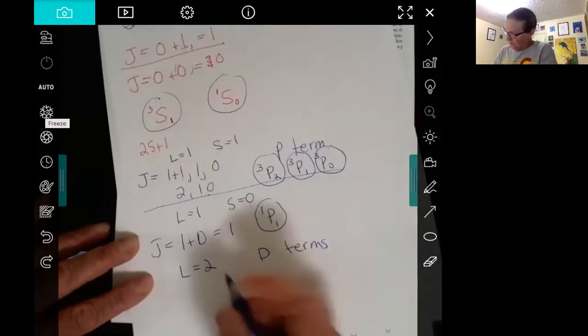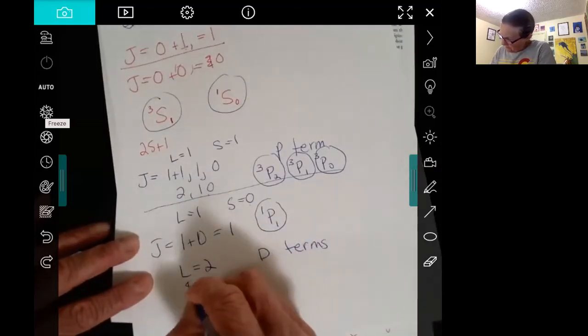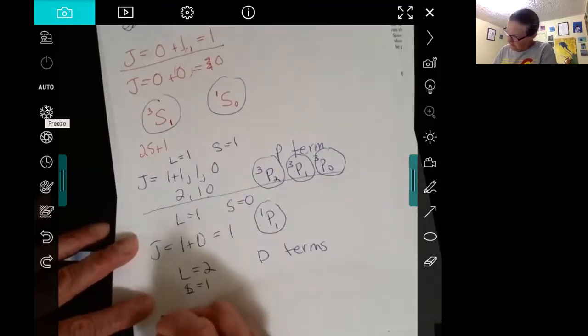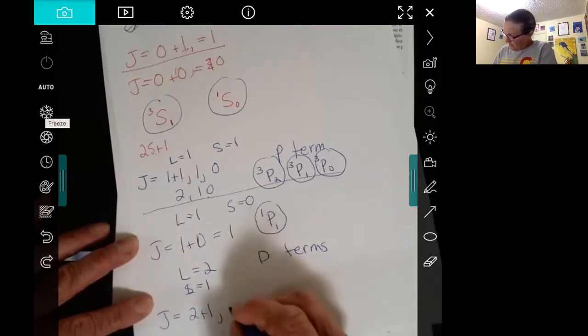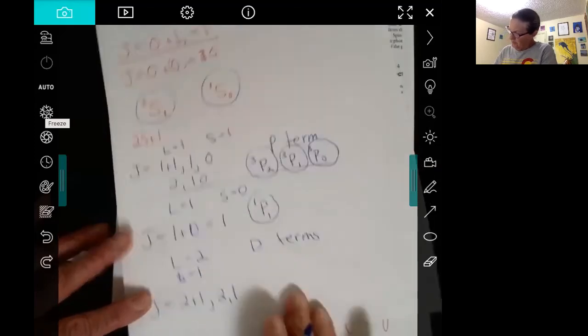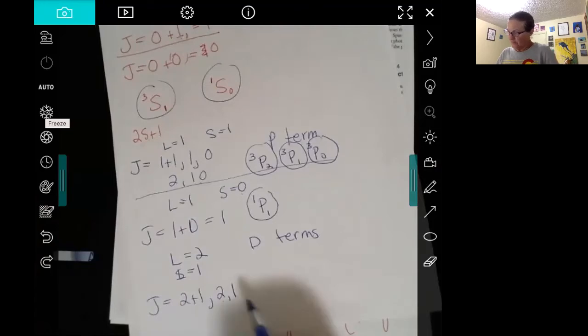So first I'll couple it with S equals 1. So then J equals 2 plus 1, 2 and 1. So 2 plus 1, 2 plus 1 minus 1, all the way down to 2 minus 1 absolute value.